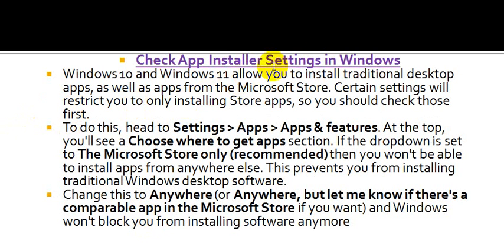Check the app installer setting in Windows. Windows 10 and Windows 11 allow you to install traditional desktop apps as well as apps from the Microsoft Store. Certain settings will restrict you to only installing Store apps, so you should check those first. To do this, head to Settings, Apps, Advanced app settings. At the top you will see a choose where to get apps section.